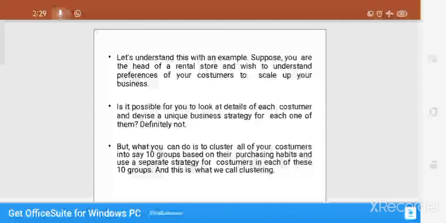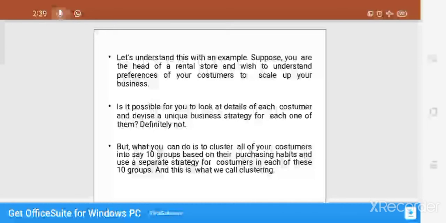But what you can do is cluster all of your customers into, say, 10 groups based on their purchasing habits, and use a separate strategy for customers in each of these 10 groups.